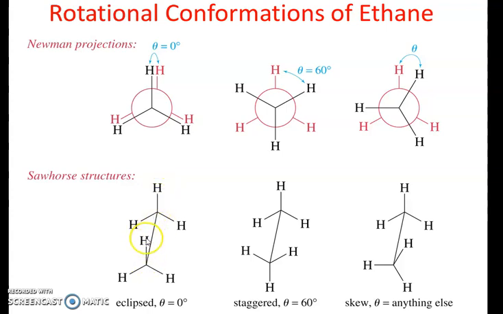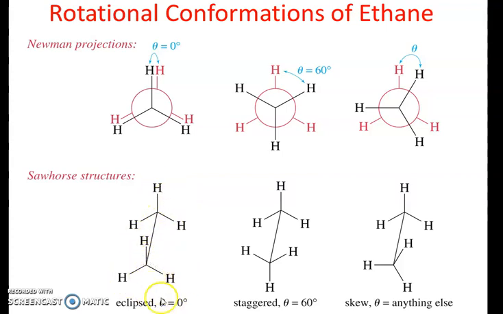So each and every CH bond of the front carbon is just in front of that of the rear carbon. Each CH bond of the back carbon is just behind that of the CH bond of the front carbon.